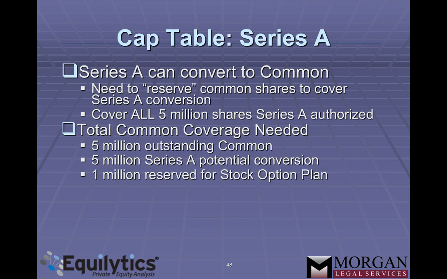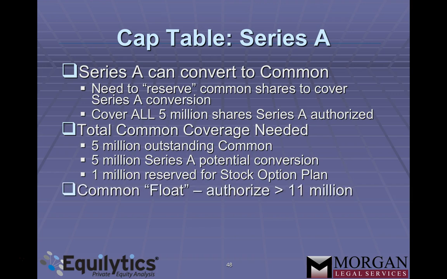Plus, we need to have enough common set aside to cover the 1 million shares that are reserved for grants under the plan. So this is a total of 11 million shares that we need to have as a minimum authorization for the common, just to cover everything that's committed.